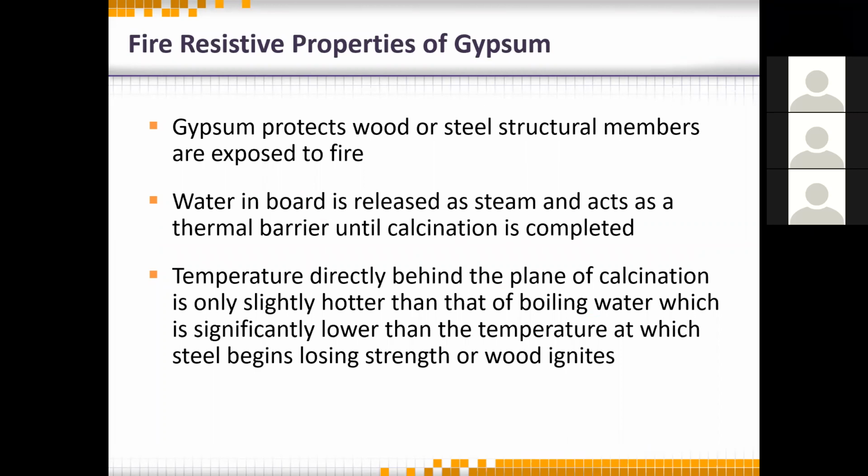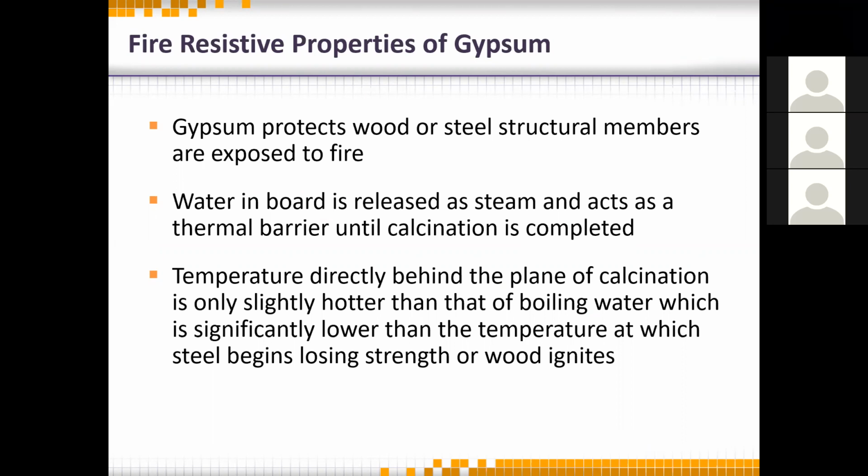So usually, beginning use of gypsum, they would use it to protect wooden structural members from fire. As that board heats up, if you remember the video that looked like smoke, that was actually steam being released. That's part of the calcination process.